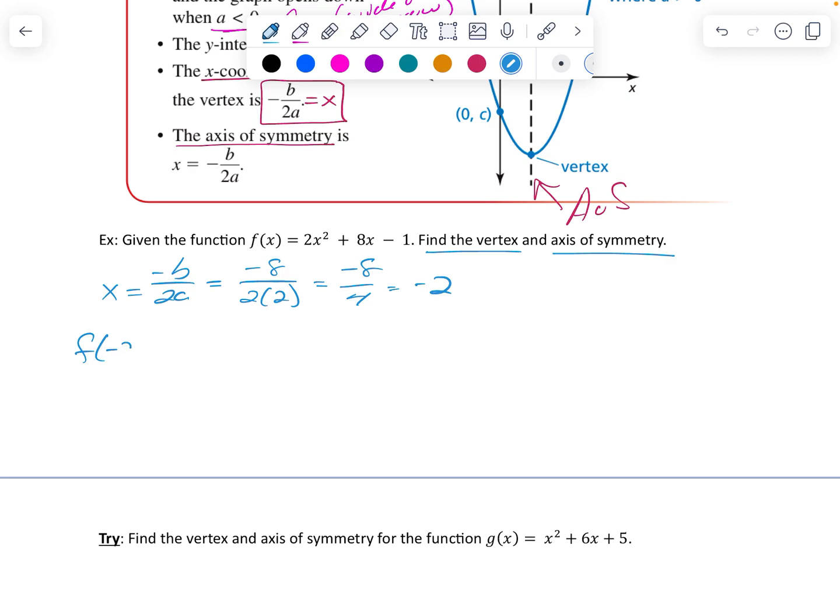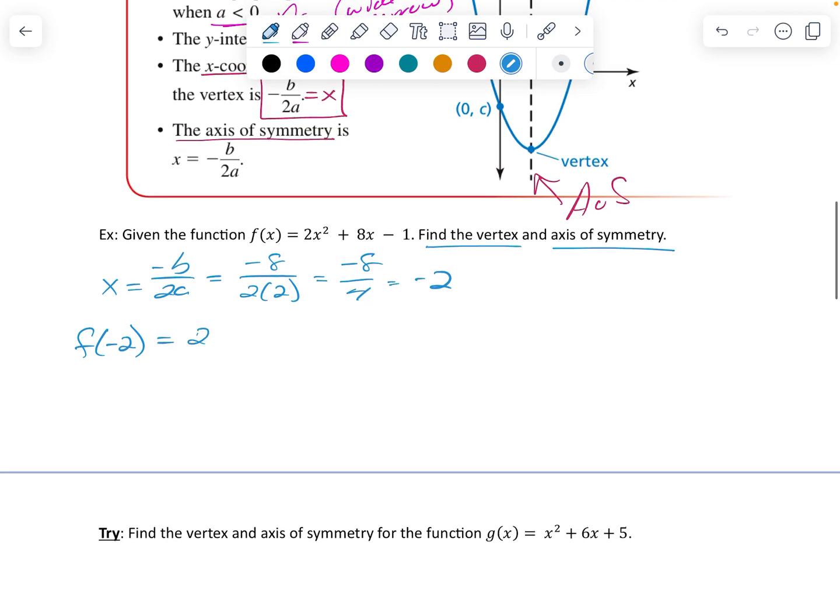Now we need to find the y. So we're going to plug negative 2 into our function. Remember, I'm replacing x with negative 2. So this is going to be 2 times negative 2 squared plus 8 times negative 2 minus 1. So negative 2 times negative 2 is 4, times 2 is 8, minus 16 minus 1 is going to give me negative 9.